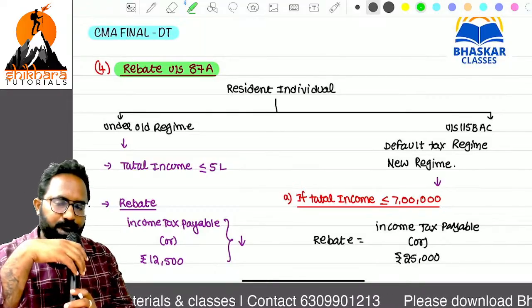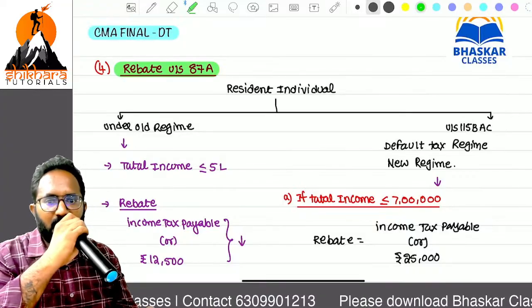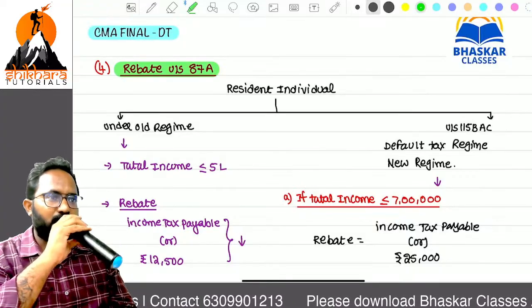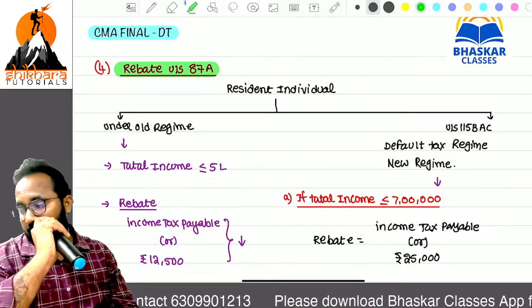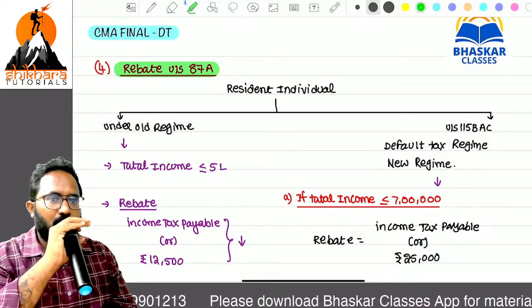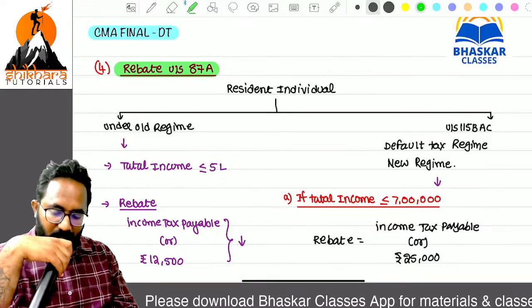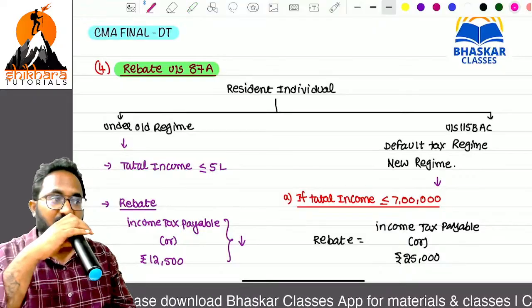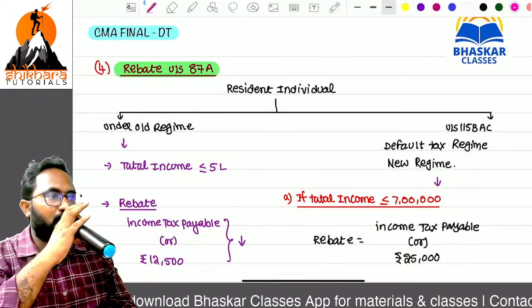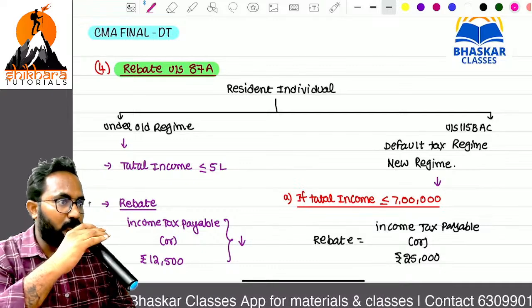So the general meaning of rebate is discount. For you also we can provide a discount. While computing the tax liability, some SSEs are eligible to take rebate.